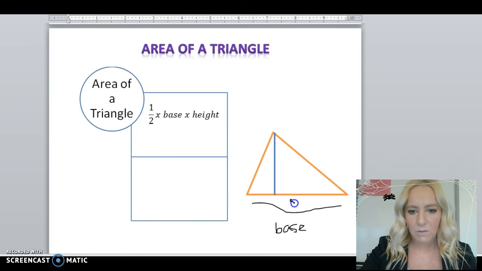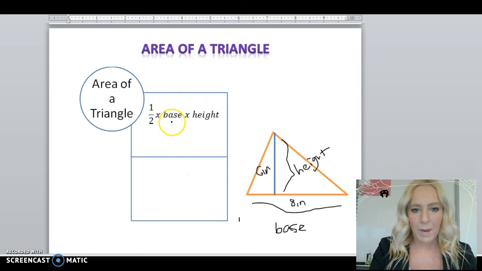Let's give it a dimension of 8 inches. And this right here is the height. Height. And let's give it 6 inches.